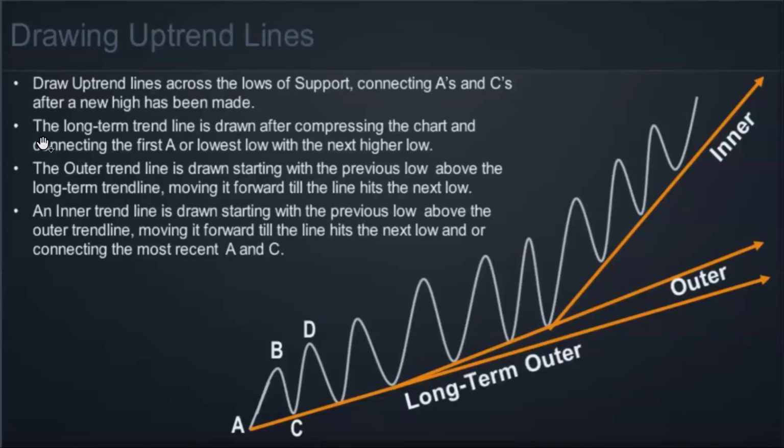So I said the long-term trend line is drawn after compressing the chart and connecting the lowest low with the next higher low. You see that? That's for the long term.